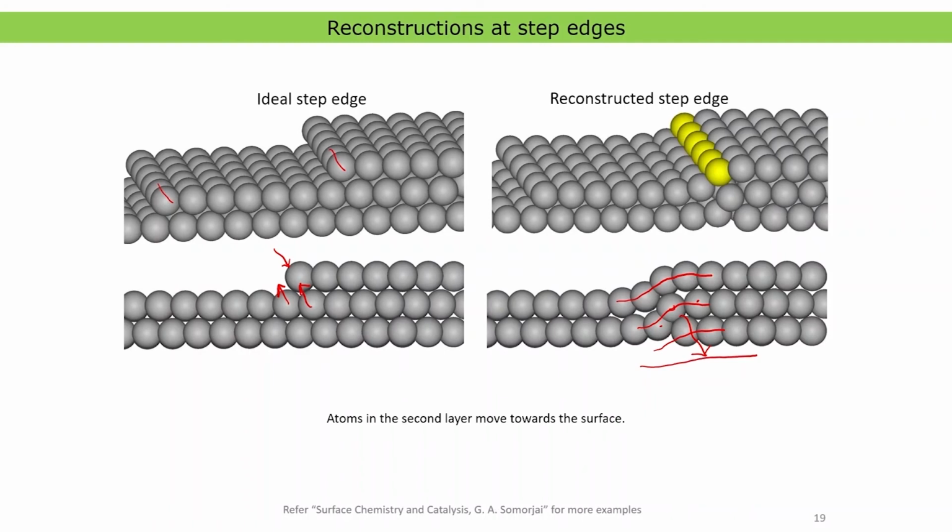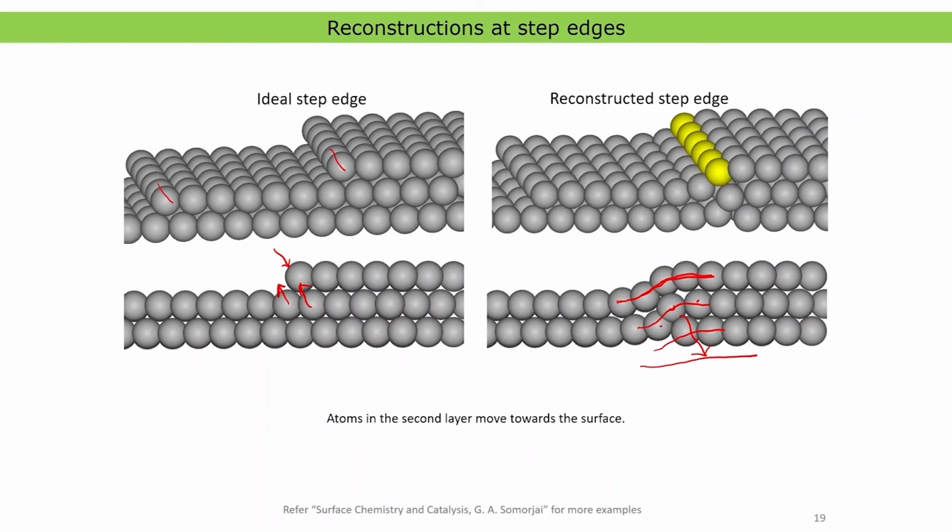So at the step edges there is a clear rearrangement of the atoms. Due to this rearrangement, the atoms at the step edges no longer look like they have the low coordination you would expect.